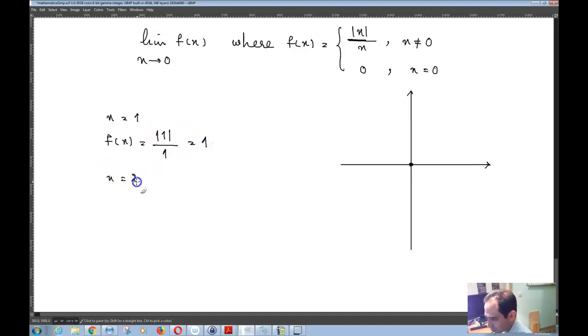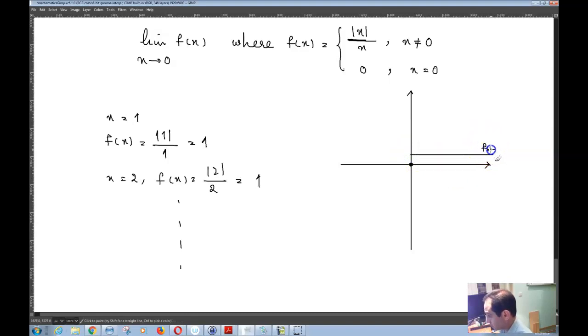At x is equal to 2, the value of the function is f of x is equal to the absolute value of 2 over 2, which is equal to 1 again, and so on and so forth. So for all of these positive x's, the value of the function is going to be 1.